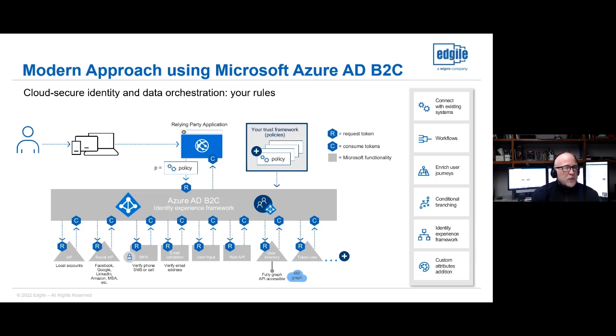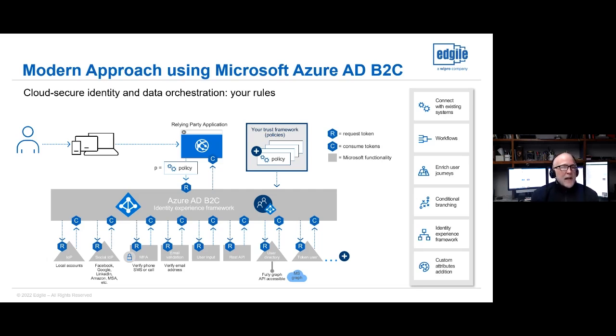So that request goes, that R in the center of the picture, that goes to the Microsoft service, this Identity Experience Framework engine, and part of that redirect specifies what policy experience we want this user to be given. And that sets the user off on what Microsoft calls a user journey. And in this diagram, you can kind of think of it as left to right.